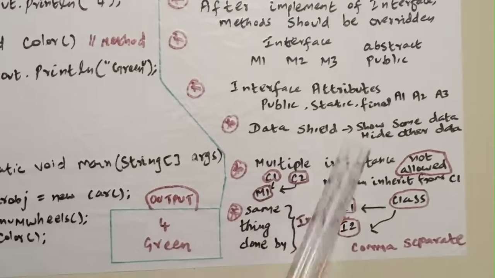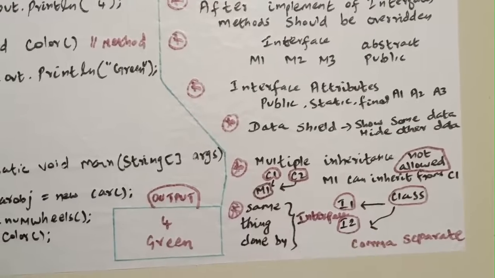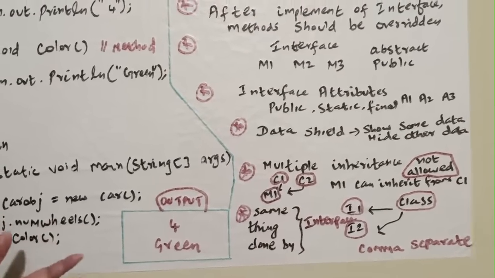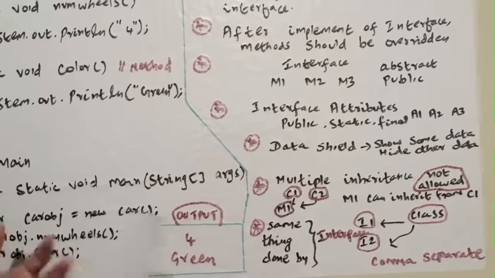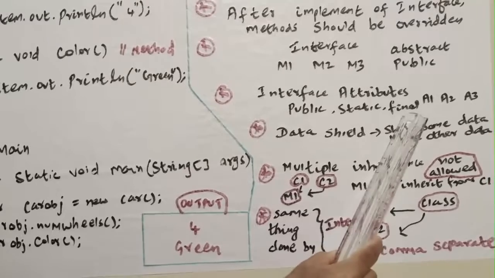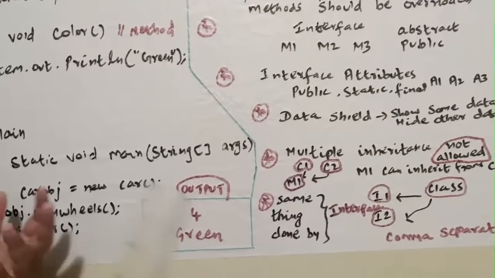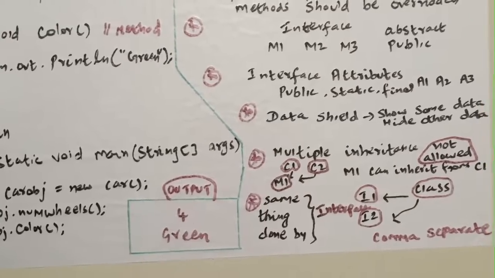Interface attributes or variables can be like A1, A2, A3: a string, an integer, a double. They can be public, static, or final. Final means we cannot change the value of the variable anywhere inside the Java program.